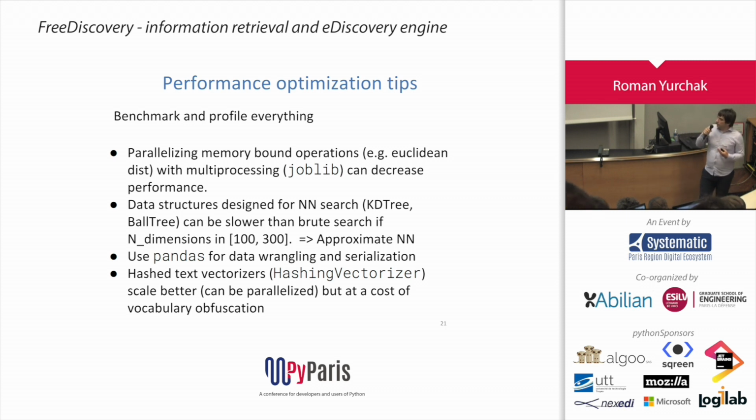Same thing if we do nearest neighbor search using optimized structures for that, such as KD tree or ball tree. In this particular case, where we have approximately 100 to 300 dimensions, it's actually slower than using just brute force nearest neighbors. So there are a lot of things we think might be better, but until we benchmark them, we shouldn't be absolutely sure about it.